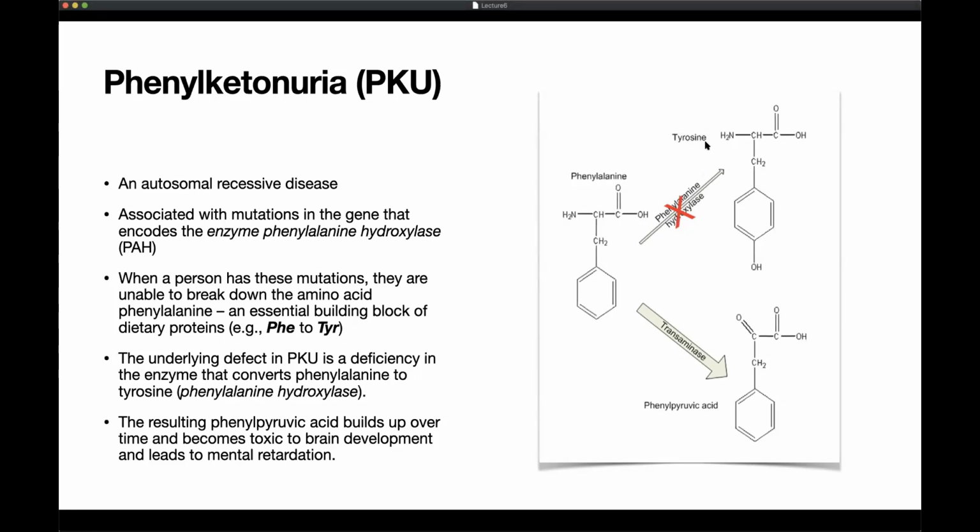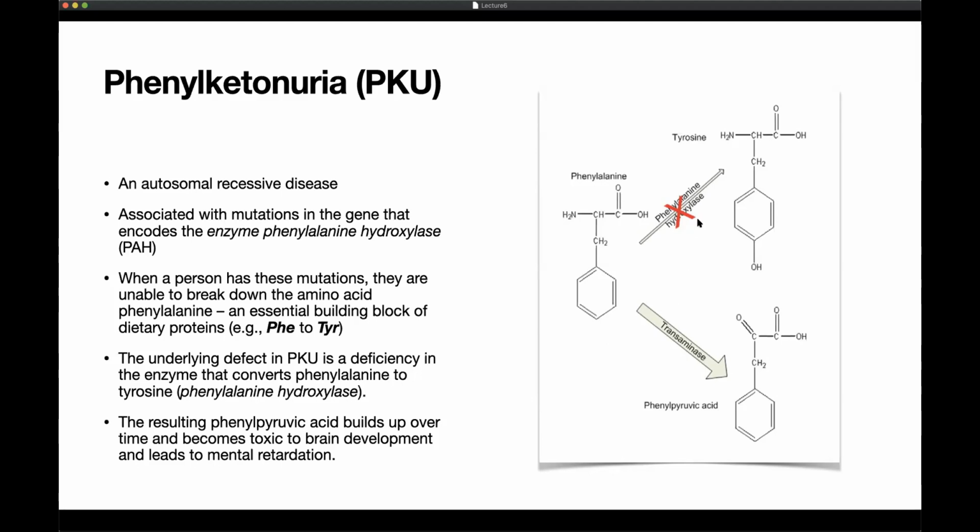One of them is to make tyrosine, which is another amino acid, and that requires the presence and action of PAH, phenylalanine hydroxylase. Through a different chemical pathway, through the action of a transaminase, you make a different compound, which is very similar to tyrosine. It's called phenylpyruvic acid.